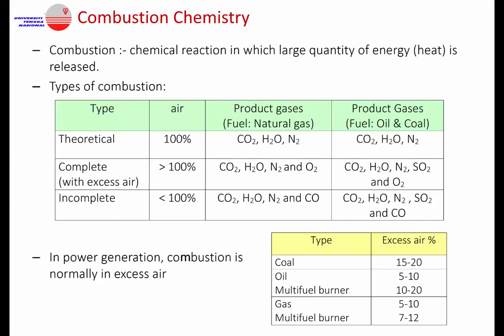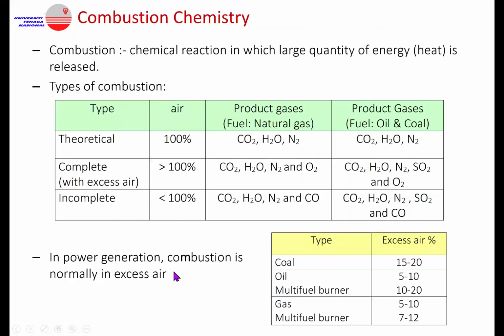Okay, the product of combustion, the elements produced after combustion, depend very much on the composition of the fuel itself. In power generation, combustion would normally be in excess air condition.